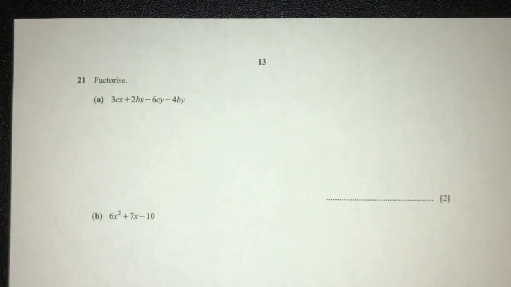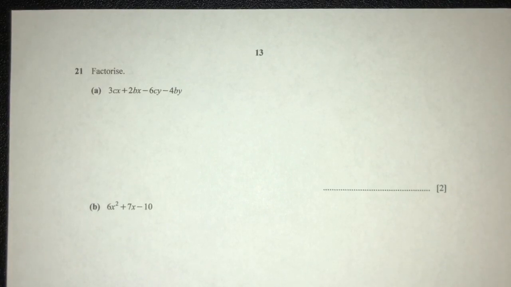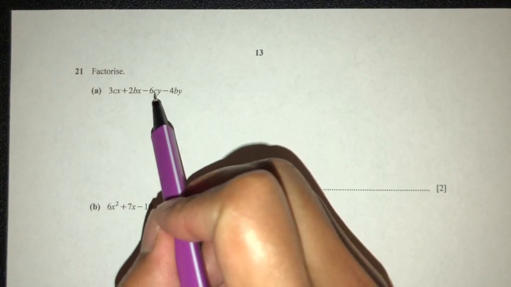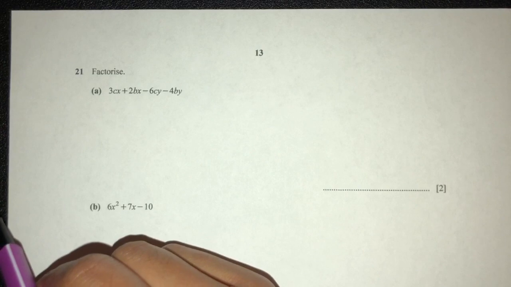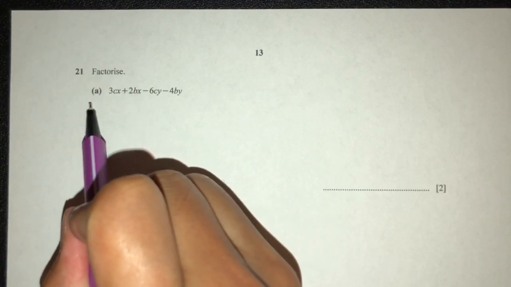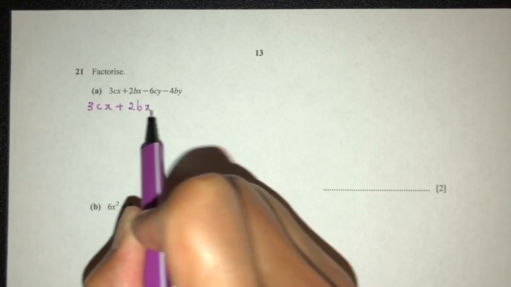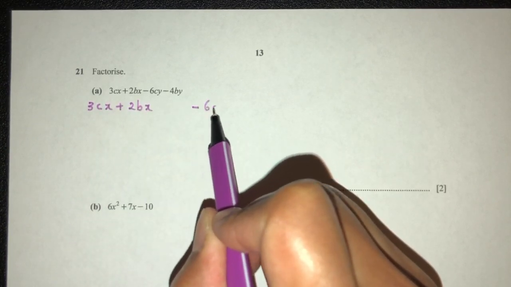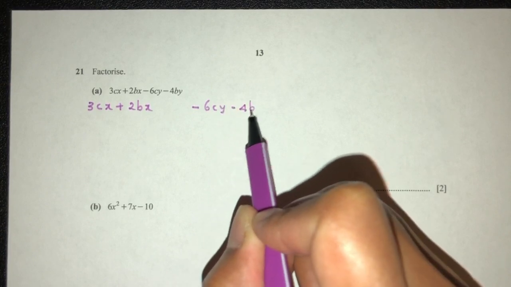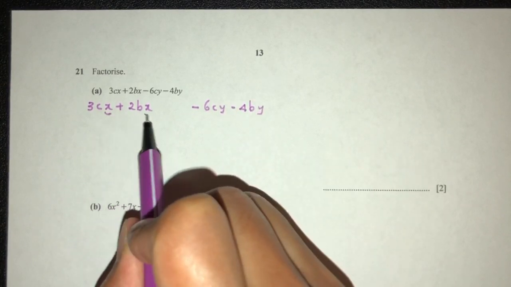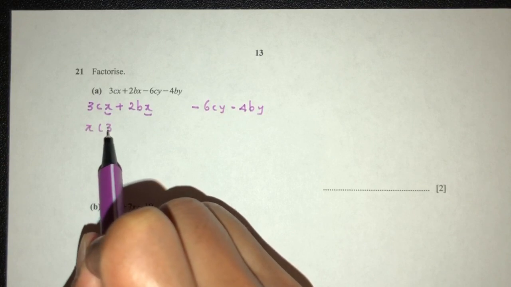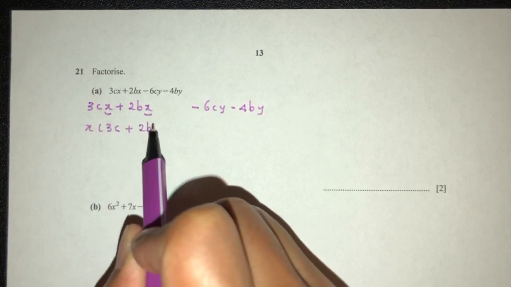Now let's move on to question number 21. Here we have to factorize, step by step. Let's rewrite this as 3cx plus 2bx minus 6cy minus 4by. Here we have x and x, we can factorize. That becomes x(3c plus 2b).